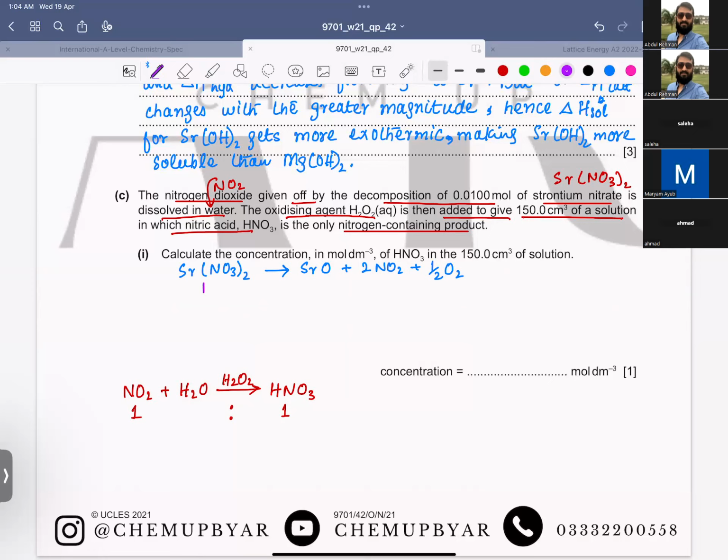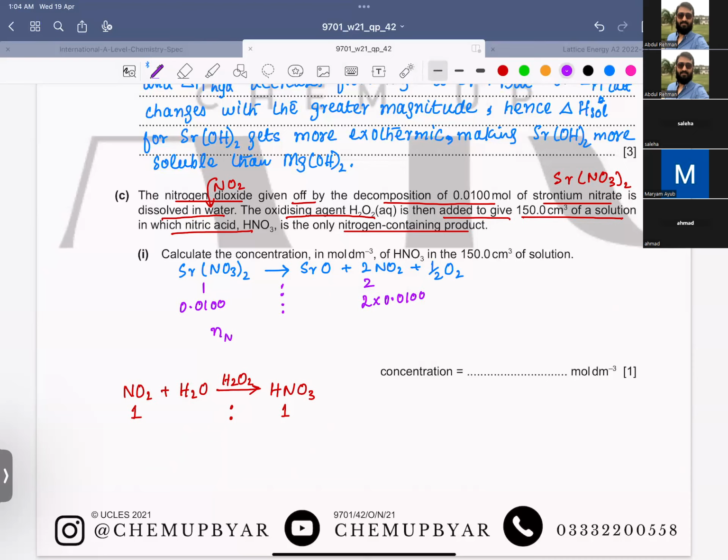Here I can see that the ratio is 1:2. So if I have decomposed 0.0100 moles of strontium nitrate, then twice of 0.0100 moles of nitrogen dioxide would form.